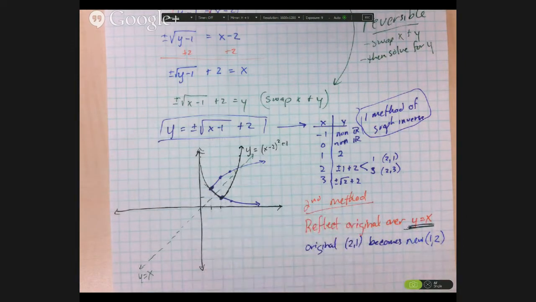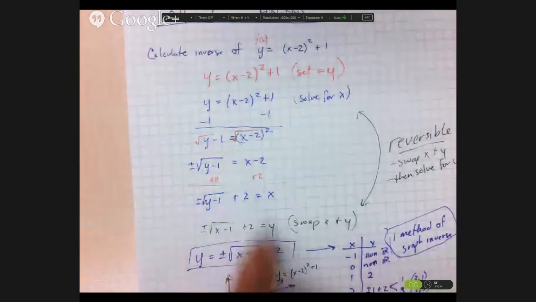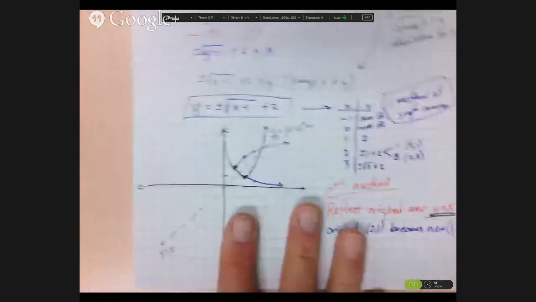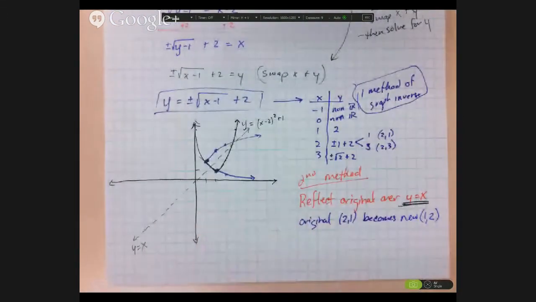What I do to my point, I switched x and y. That's all an inverse is, the x's and y's are switched. That's what we did here algebraically, right? We switched x and y. That's all the graph does, it switches the x and the y. That's reflecting over the line y equals x.